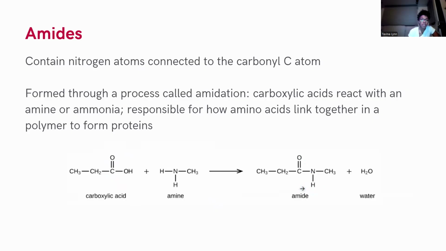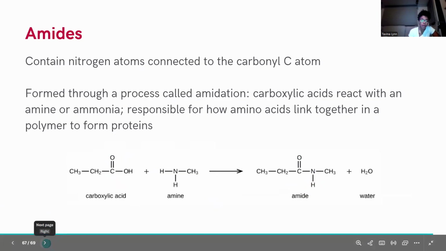So amidation is how amino acids actually link together to form proteins, or to form a polymer, through amidation.